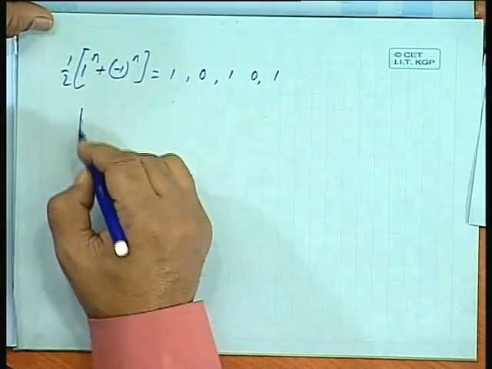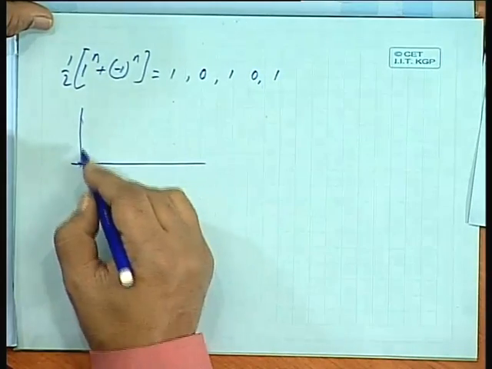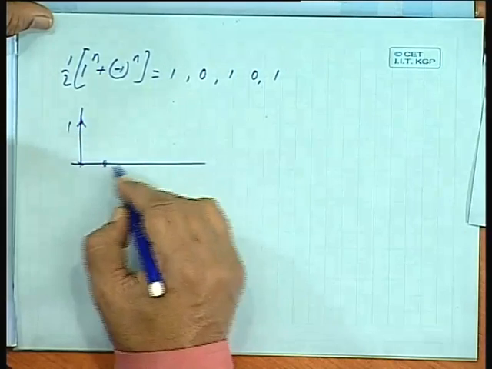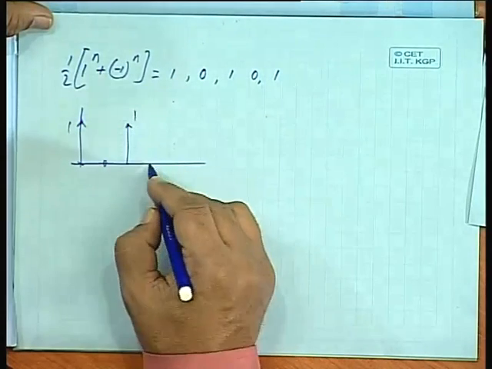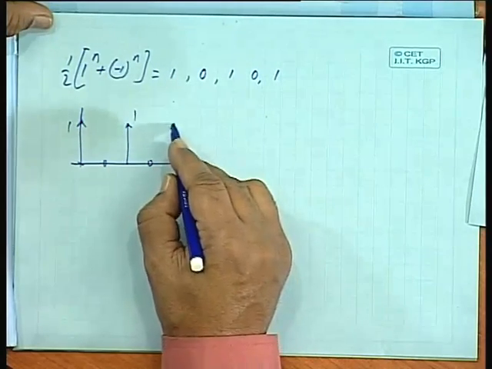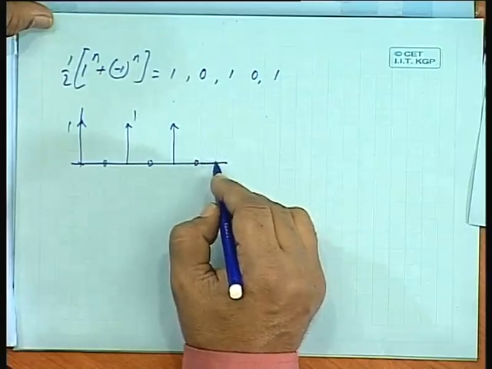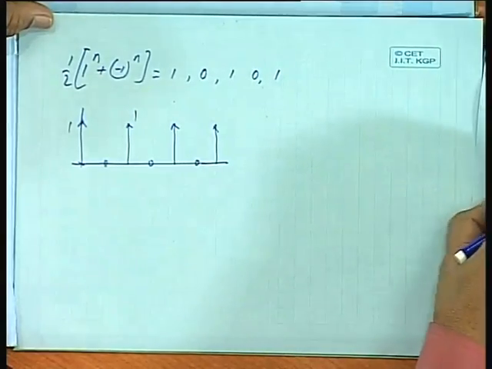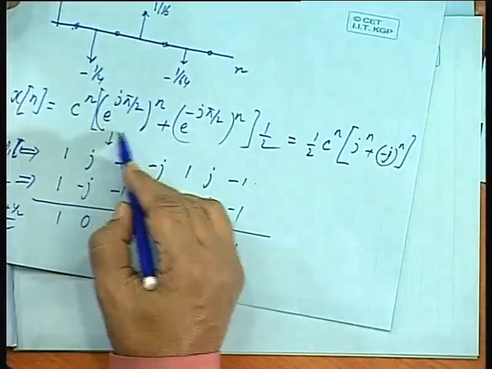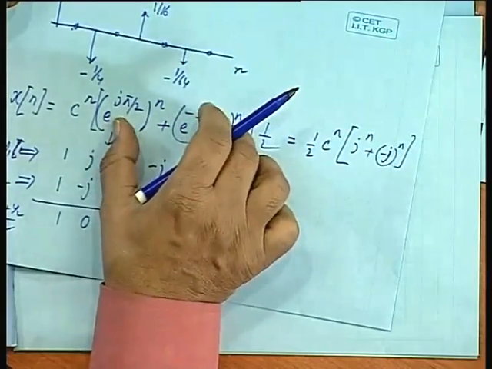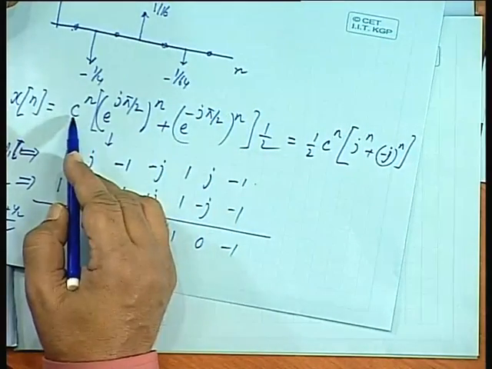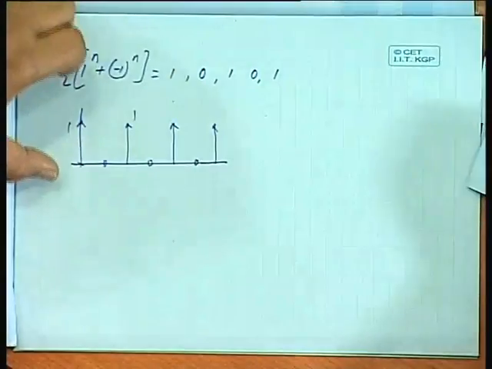So, this will give me a series 1, 0, 1, 0, 1, 0 and so on. So far as this term is concerned, equivalent of this term, that gets multiplied by c to the power n. So, it will be modulated.